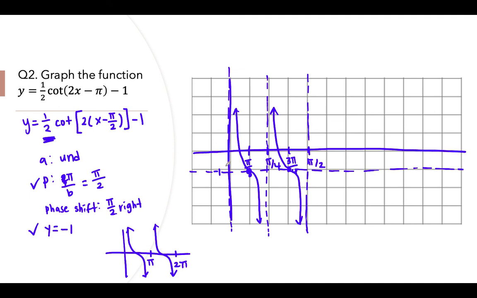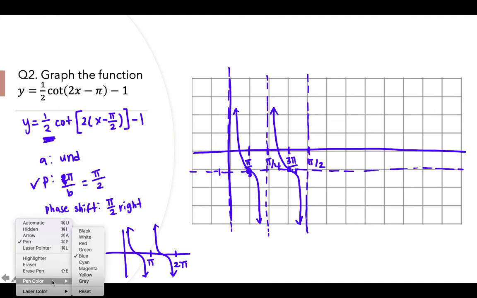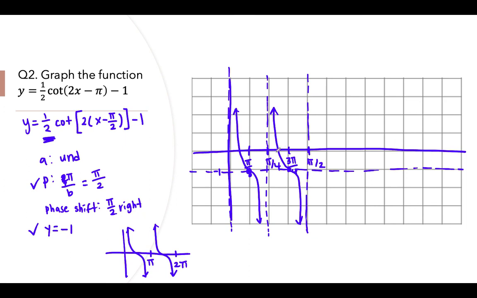But what you could do is plug it in, and because it's half, we usually say amplitude, we don't define it for cotangent. And now we are going to do the phase shift, which is pi over 2 to the right. So everything has to be shifted to the right by pi over 2.